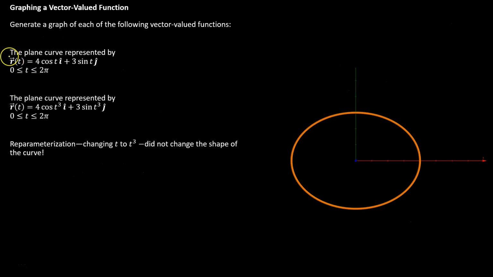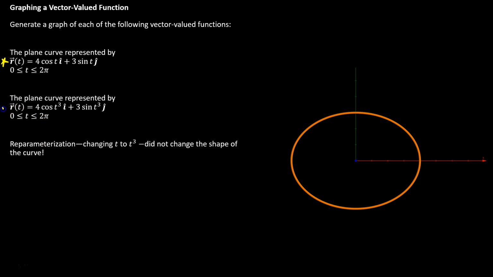Now we just graphed the vector function for cosine t i hat plus 3 sine t j hat, and we saw that it generated this orange ellipse. Something that's really neat about vector-valued functions is that we can reparameterize them, meaning we can change the parameter without changing the way that the graph looks.